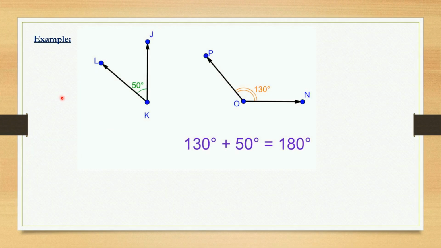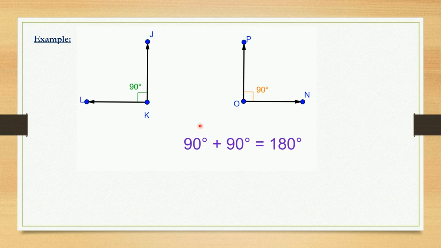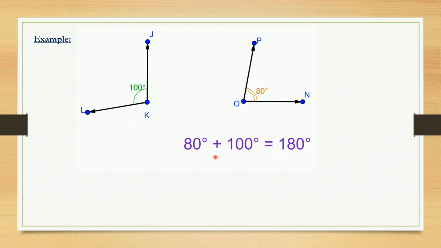Example, in this figure here, we have angle LKJ equals 50 degrees and angle PON equals 130 degrees. 50 plus 130 degrees equals 180 degrees, so they are supplementary angles. Let's change the measure of the angle. 75 plus... 90 plus 90, 180 degrees. 101 plus 79.